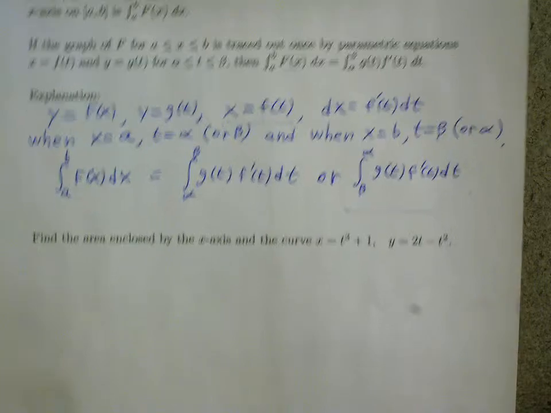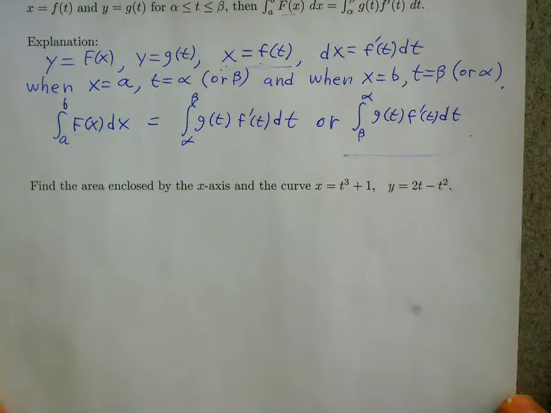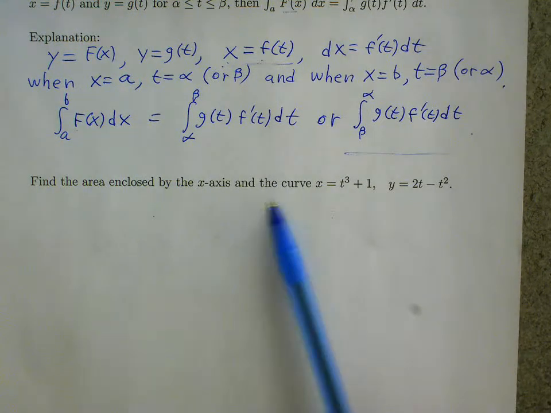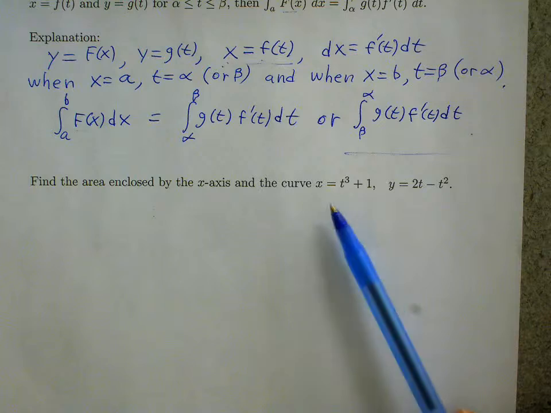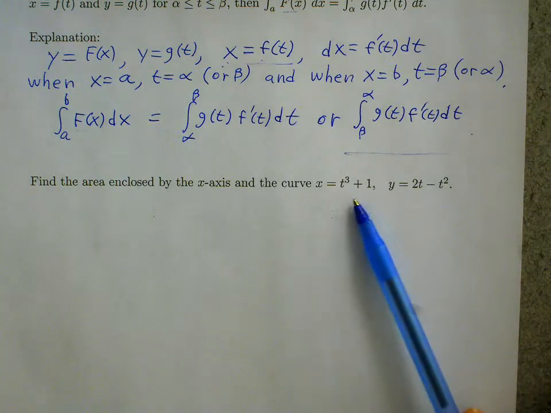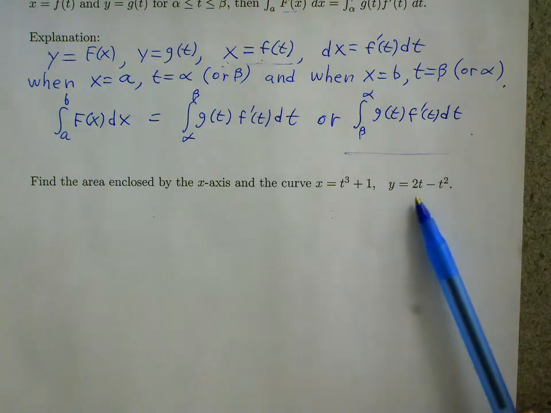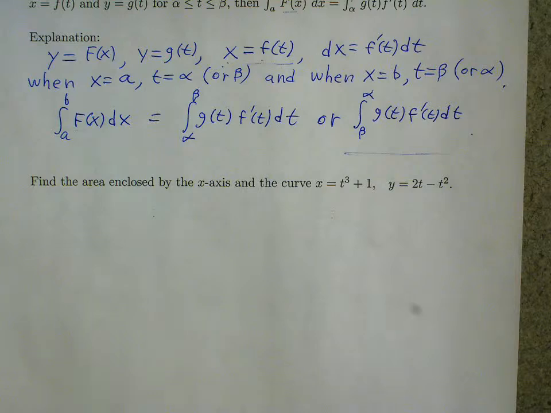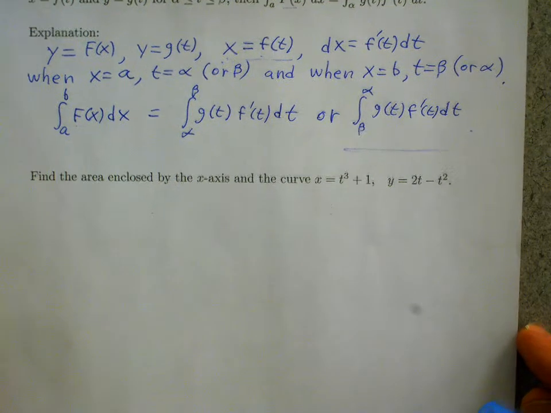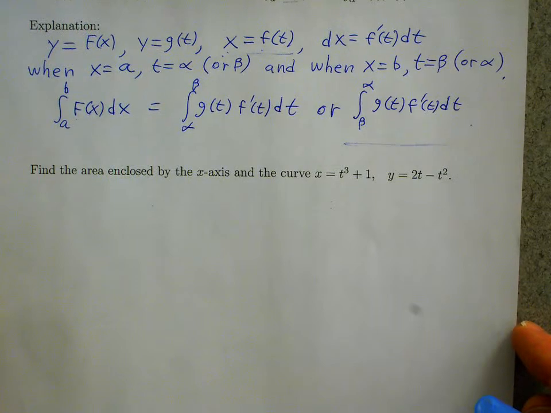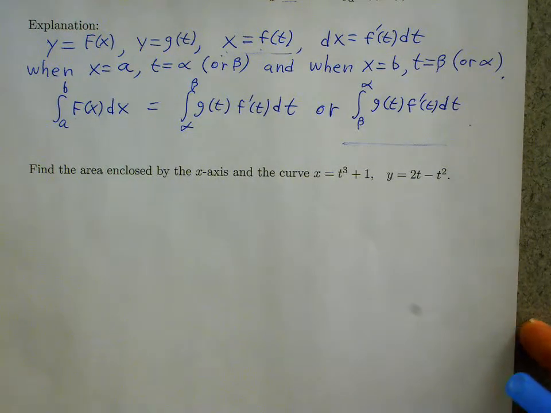Okay, so let's find the area enclosed by the x-axis and the curve x equals t to the third plus 1 and y equals 2t minus t to the second. So I'll let you ponder this for a couple of minutes.